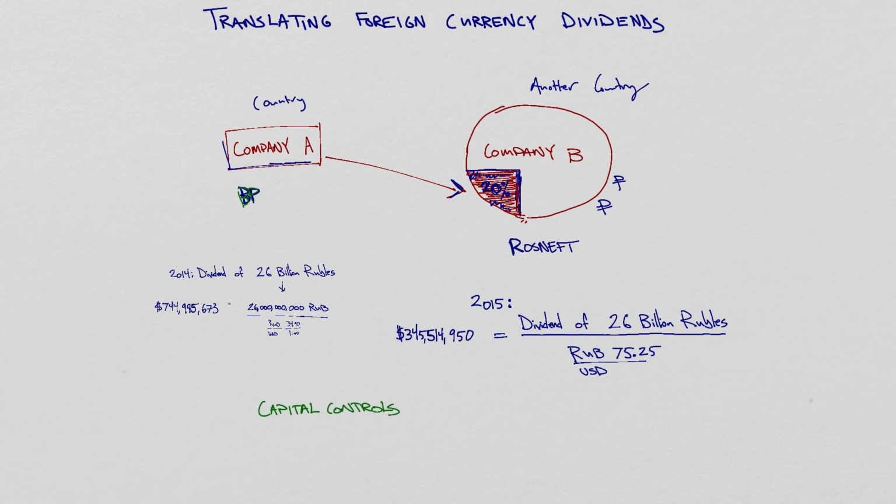Precisely how is a little bit complicated and convoluted, but basically because of capital controls and sanctions, not only dividends for foreign companies, but also the equity stakes themselves were completely written off to a zero value. So political risk can be much harder to quantify and control when it comes to foreign investment.